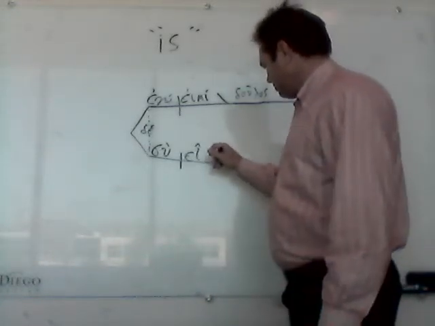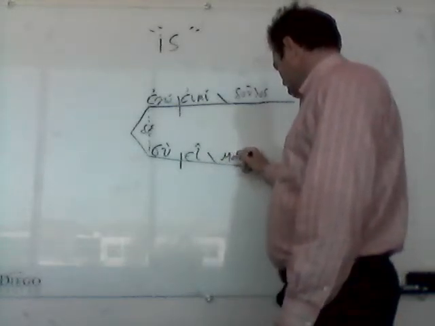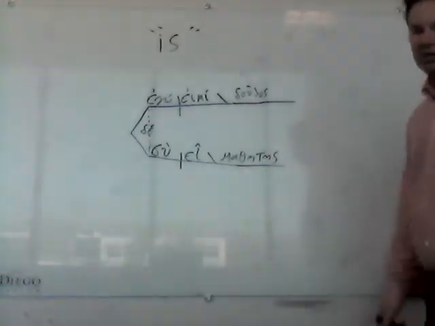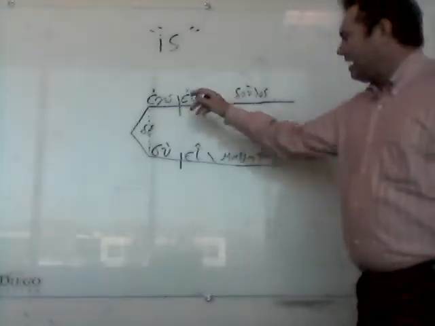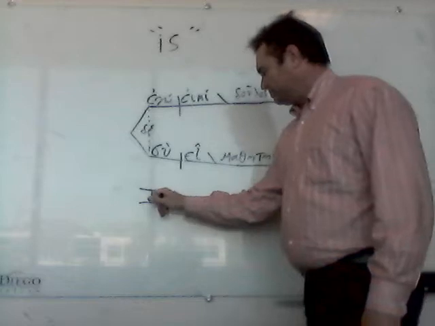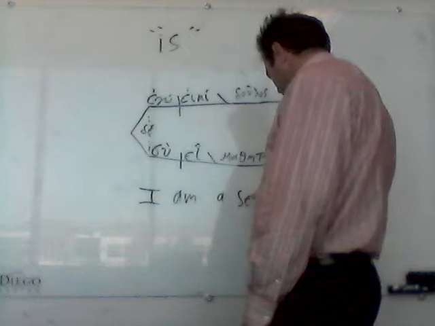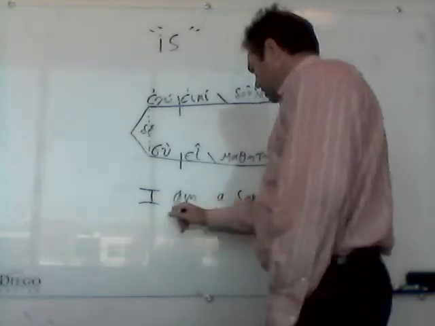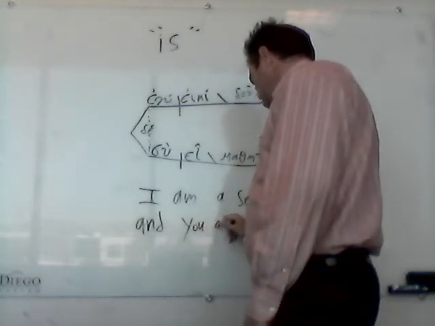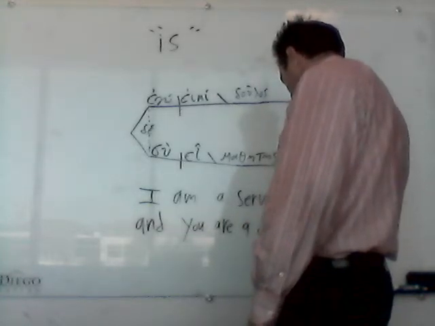And then, again, we have a predicate line. What does that say? Now, I know that's not completely even, pardon that, but it says, I am a servant and you are a disciple.